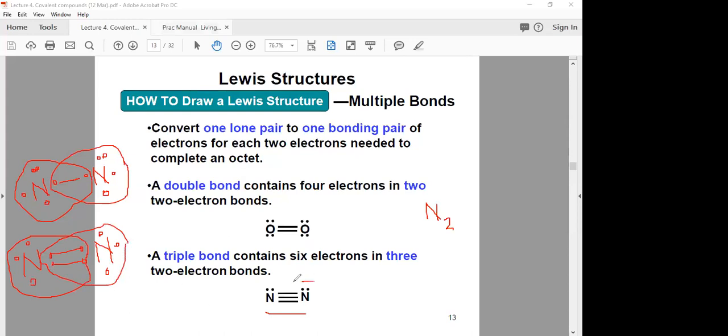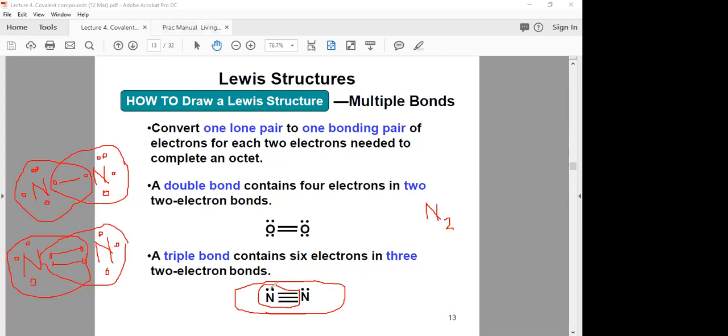All right, that brings us to our triple covalent bond. A triple bond contains 6 electrons contained within 3 covalent bonds, as you can see here. Now let's count the electrons surrounding each of the nitrogens. Let's look at the nitrogen to the left, and we can count 3, 6, 8.